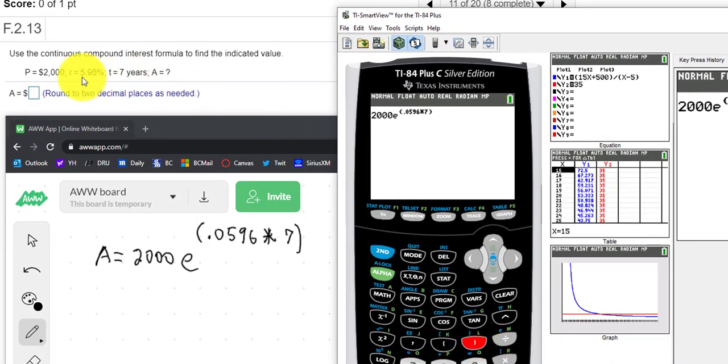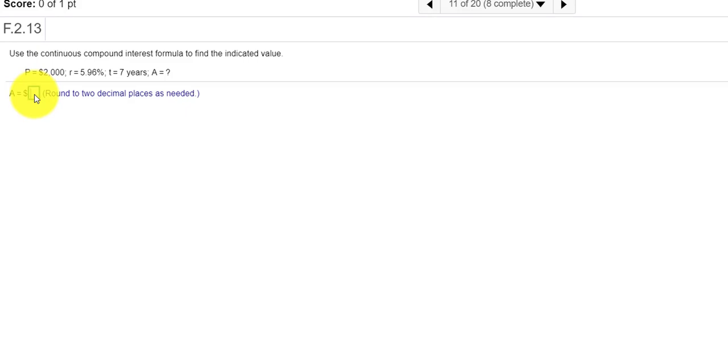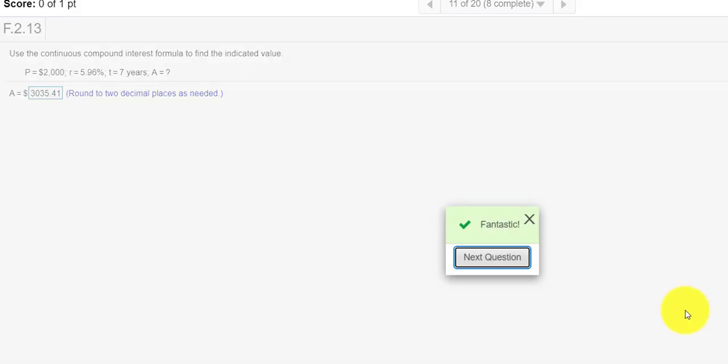The interest was 0.0596, 7 years, 2,000 is my P, I press enter. And that makes sense. I put in 2,000, I take out 3,035. So it looks like there's about 1,035 in interest. Round to two decimal places, so that's going to be 3,035.41. Right, $3,035.41. Check answer. Boom.